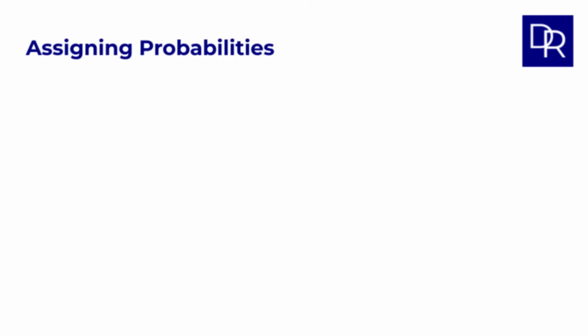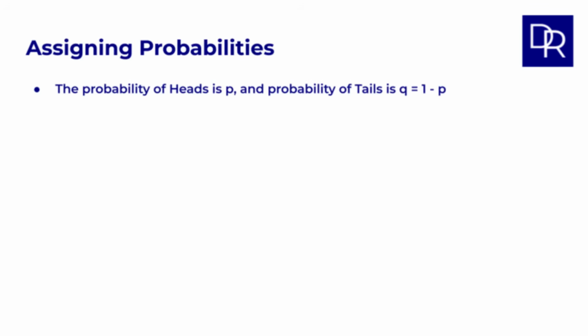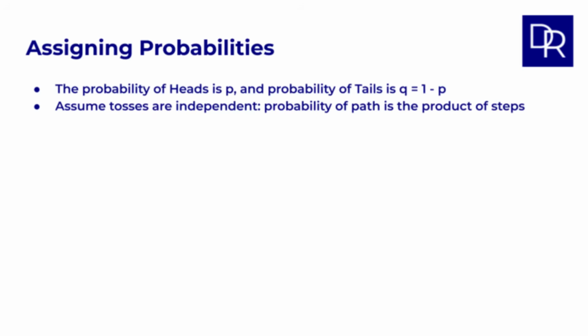Now, let's assign probabilities. Suppose the probability of heads is p, and the probability of tails is q, which equals 1 minus p. We assume the tosses are independent, so the probability of each path is the product of the probabilities of the steps.